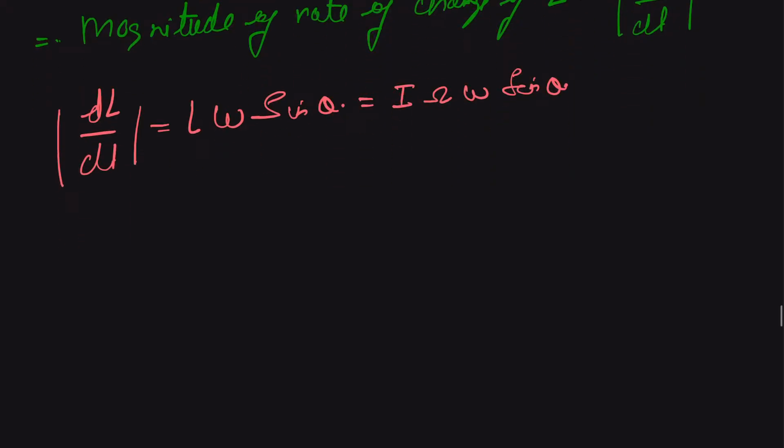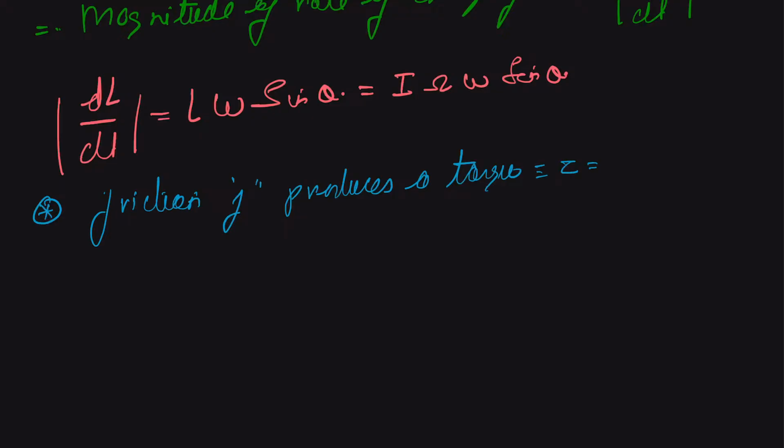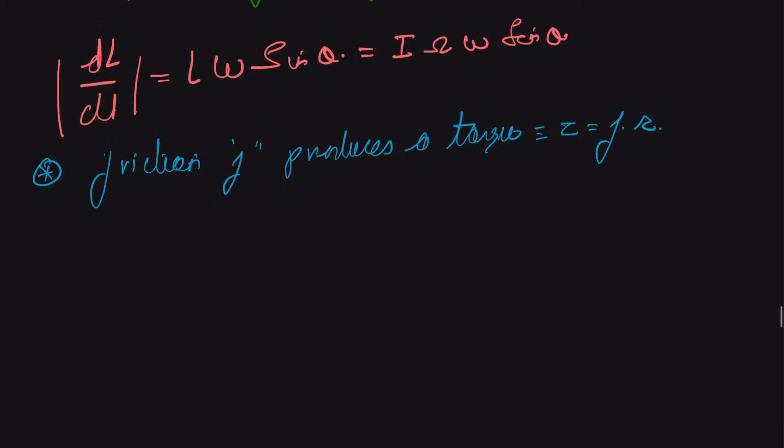okay, this was the first part, and the second part we come to the friction, and our friction will be producing a torque, and therefore we can write that our friction F produces a torque, and we can write that torque is our tau, which will be F times R. And obviously we can equate this to our rate of change of angular momentum.